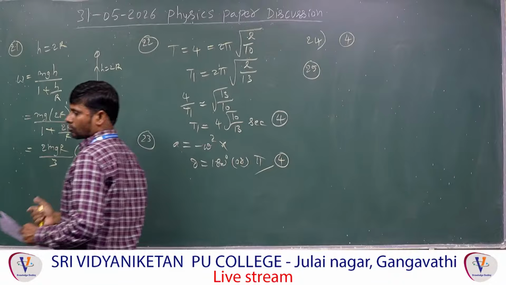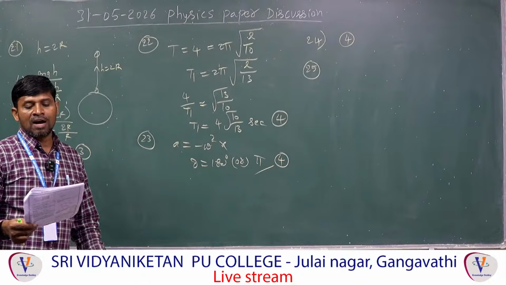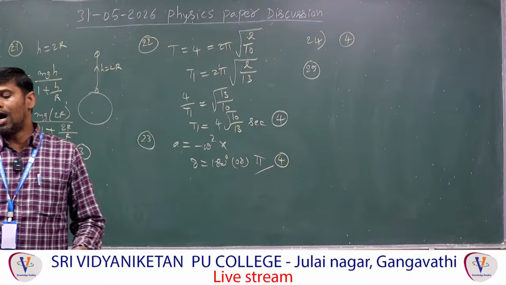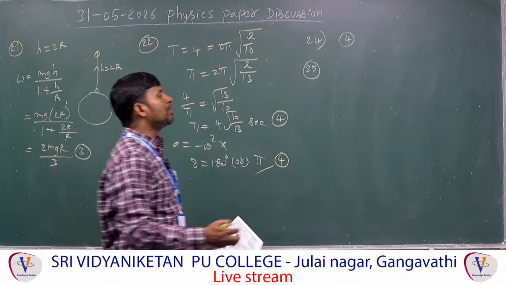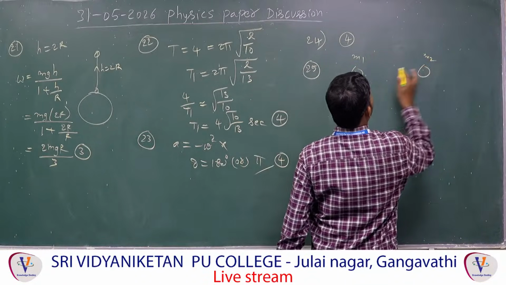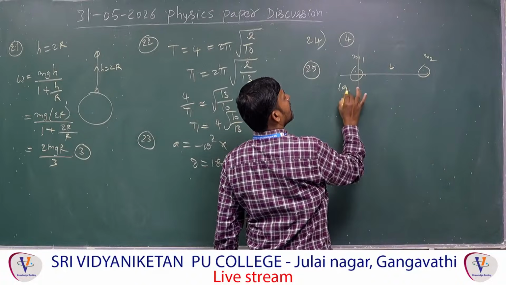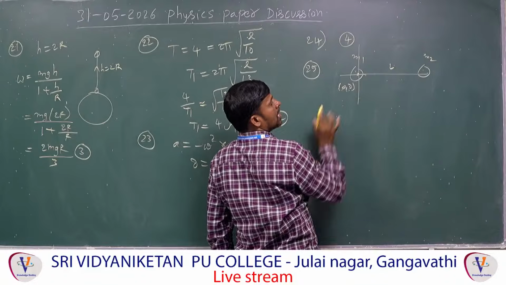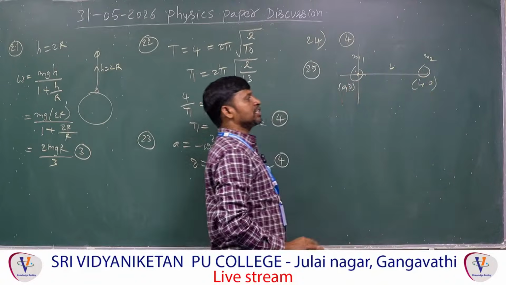25. The center of mass of a system consisting of two particles m1 and m2 separated by a distance L. This is m1, this is m2, separated by a distance L, but it is asking the center of mass about m1, and this is the origin 0, 0, this is L, 0.